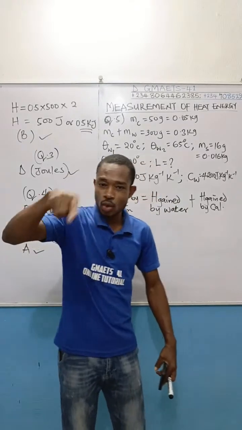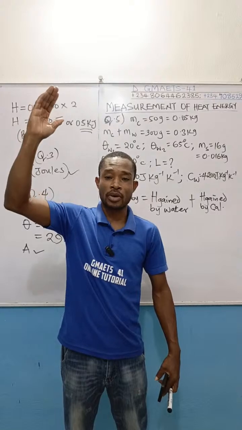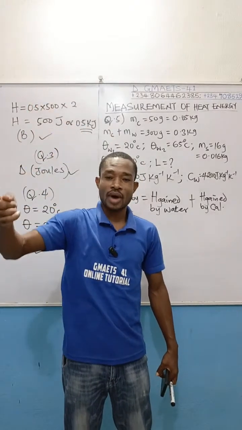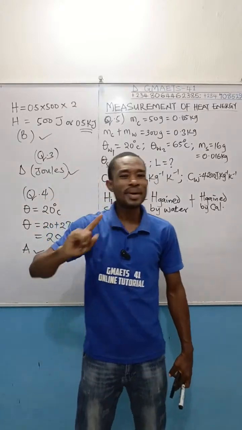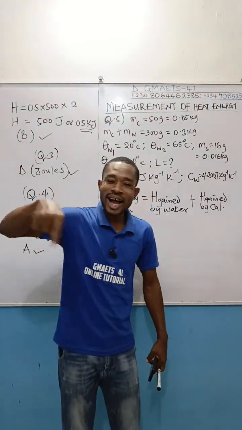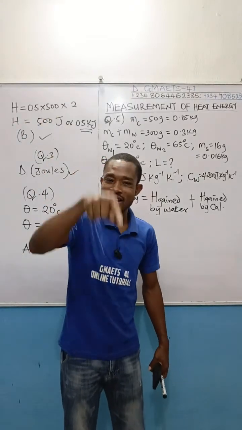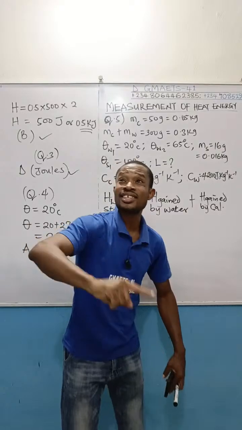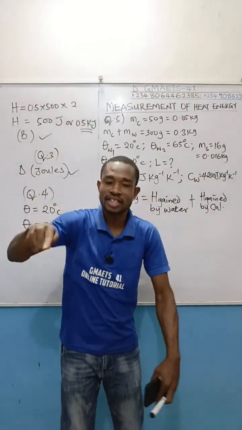Then the molecules of the liquid will start vaporizing. When it starts vaporizing, there is no temperature change. Remember latent heat. As it is changing to steam, it is still 100 degrees centigrade.